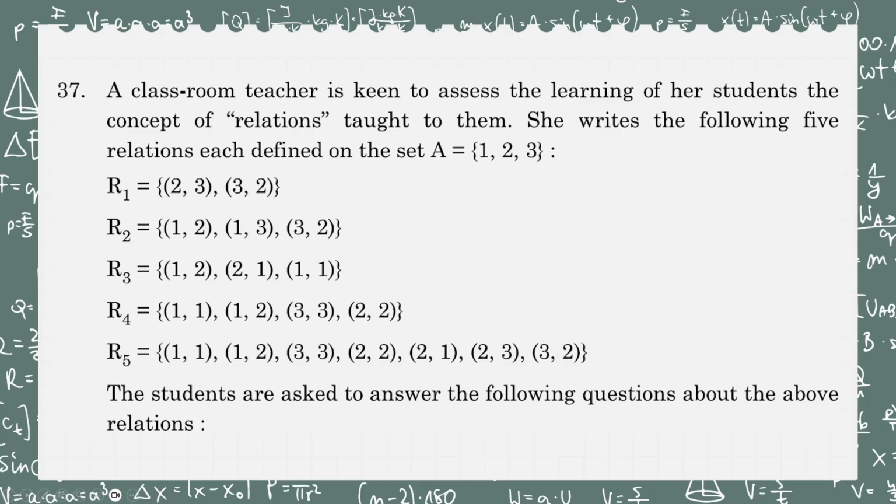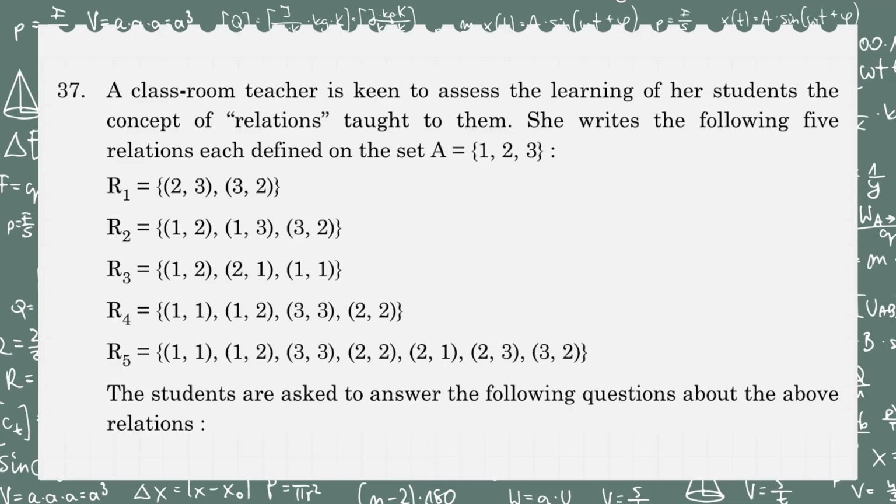That's the end of our first case study. Now let us go to the second one. A classroom teacher is keen to assess the learning of her students, the concept of relations taught to them. She writes the following 5 relations, each defined on the set A equal to {1, 2, 3}.